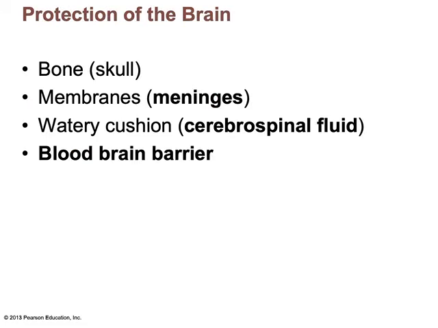The blood-brain barrier is created by the ependymal cells and the astrocytes, and we sort of touched on it when we were talking about nervous tissue earlier. And the idea is to isolate the central nervous system from harmful polar material that would be in the blood supply. So what this does is this locks out a lot of toxins and pathogens, and as a result keeps the brain relatively safe.